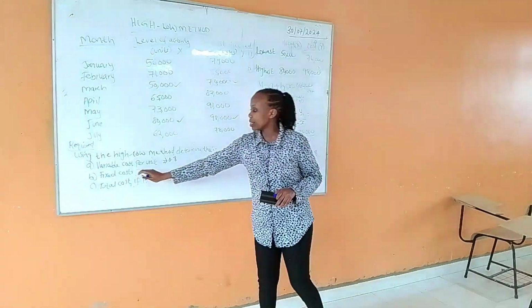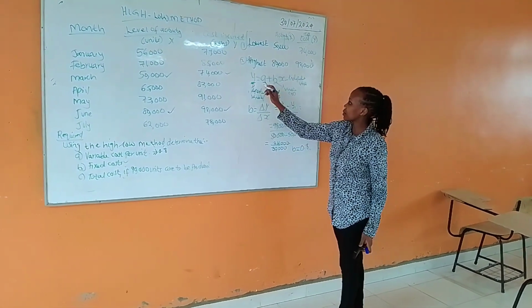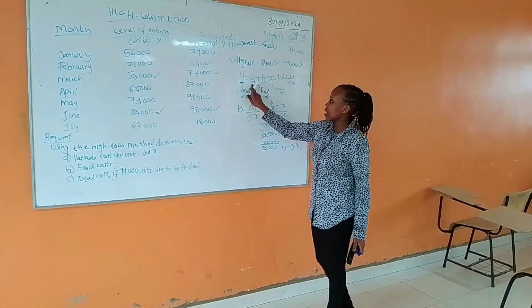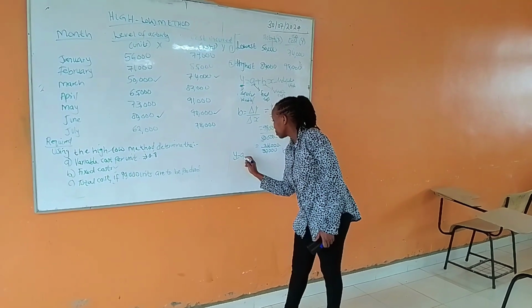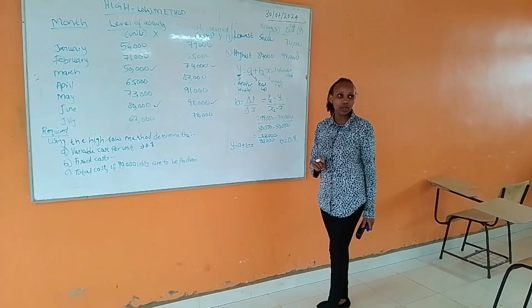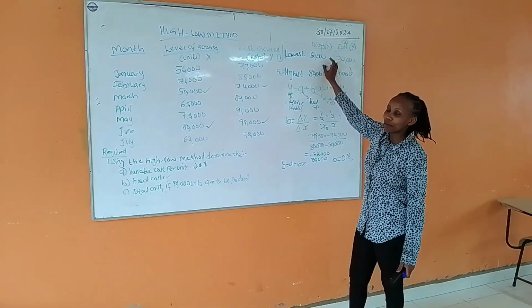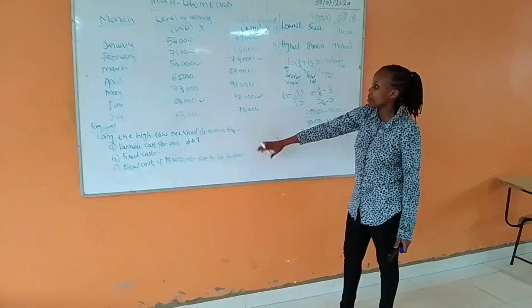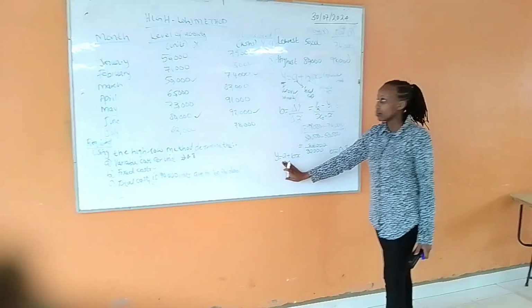Then the other one, you have been asked to get the value of the fixed cost, which is a. In our equation, y is equal to a plus bx, we take one of the points and replace the value of b, so that we solve for the value of a.